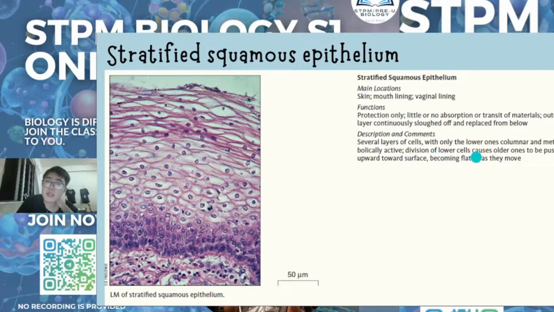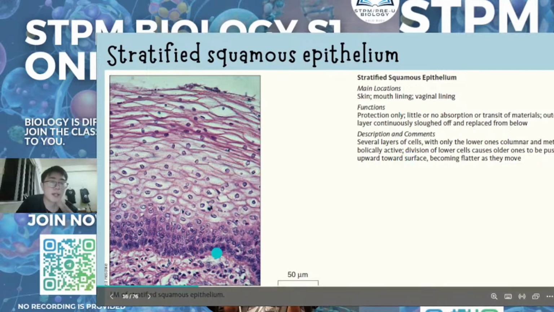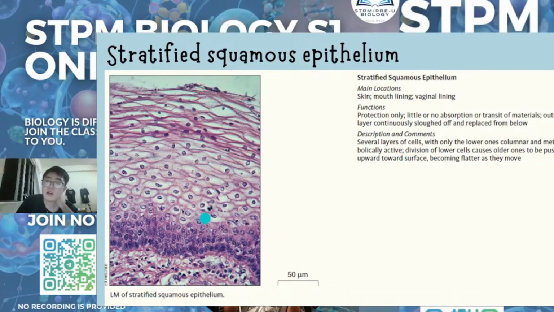Why? Because only the lower cells are columnar and metabolically active. So normally the lower part is more active compared to the upper part. The division of the lower cells causes the older ones to be pushed upward toward the surface.